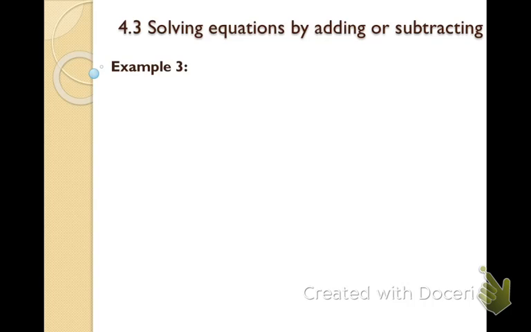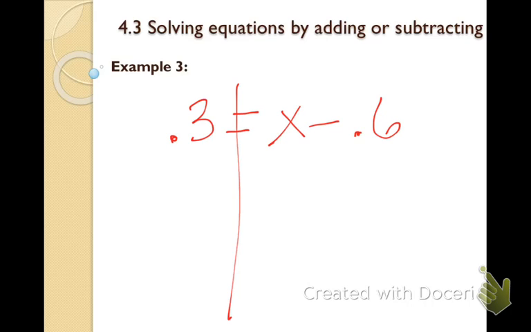Last example, I have 3/10 equals x minus 6/10. Draw my line. Okay, so I want to get rid of minus 6/10. The inverse operation of minus would be plus.